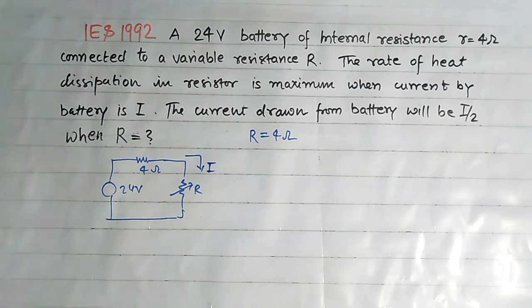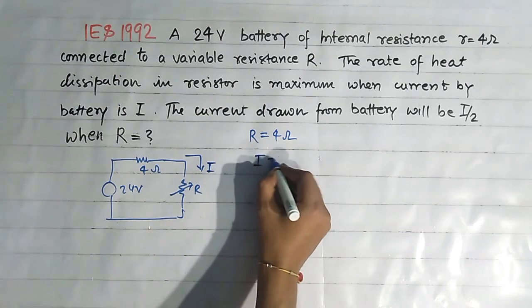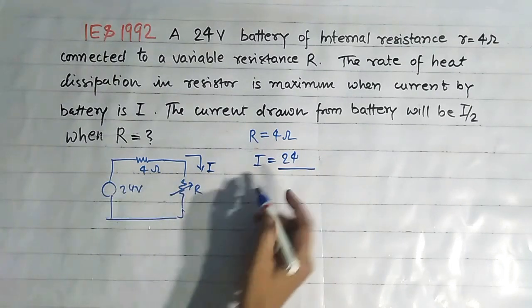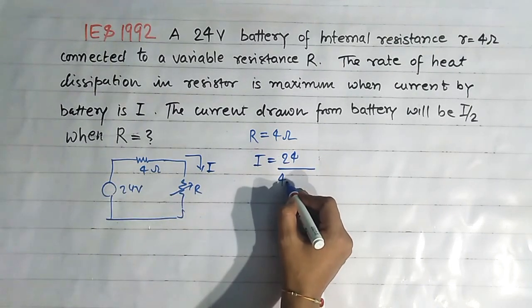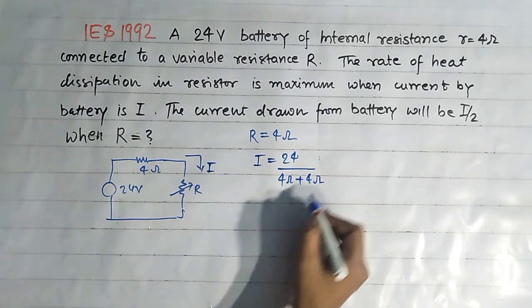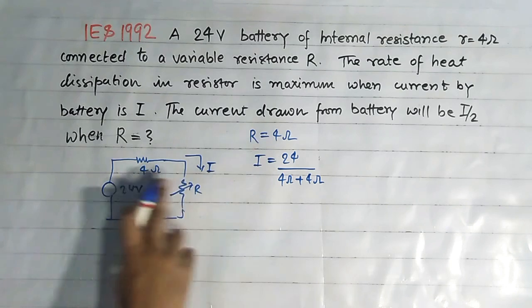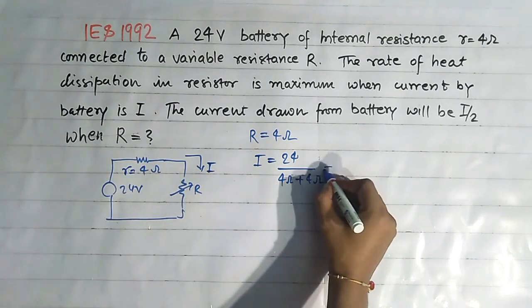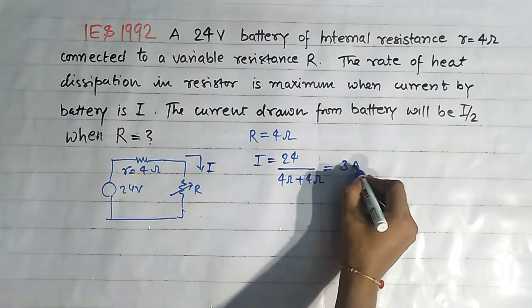So I is equal to 24 V upon the internal resistance 4 ohm plus R, which is 4 ohm, because for maximum power transfer R is equal to 4 ohm. So we get 3 ampere.